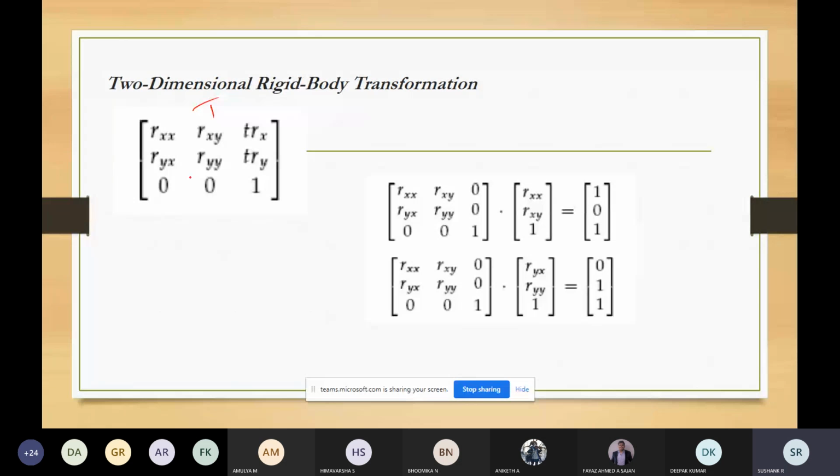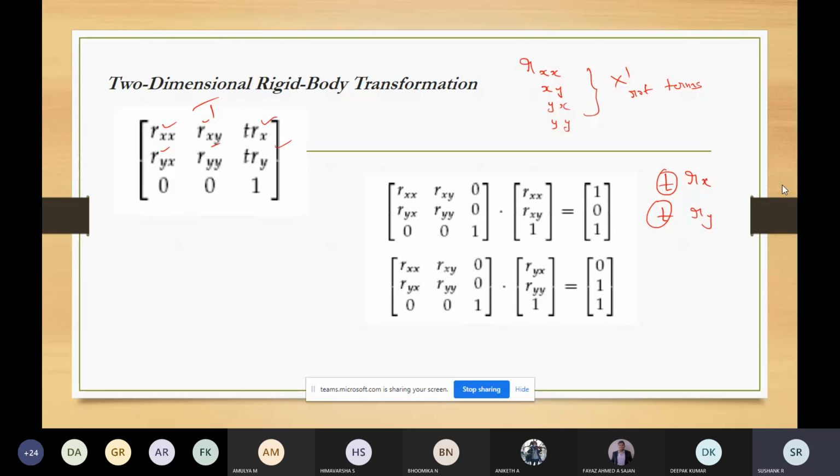Here also the first four elements, rxx, rxy, ryx and ryy, are the multiplicative rotational terms, and the next two, trx and try, are the translation terms.